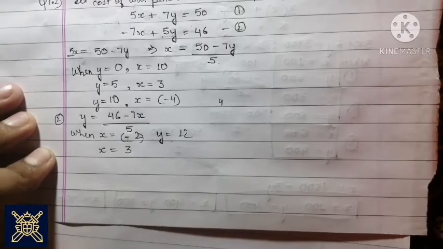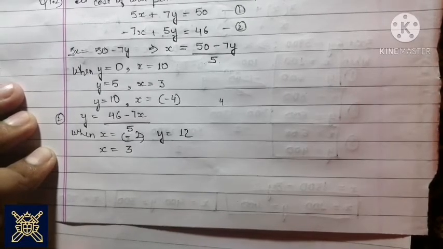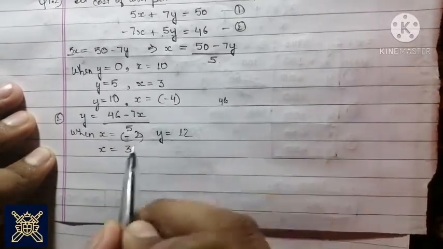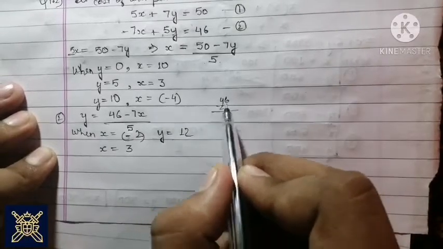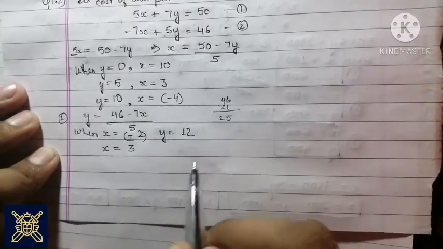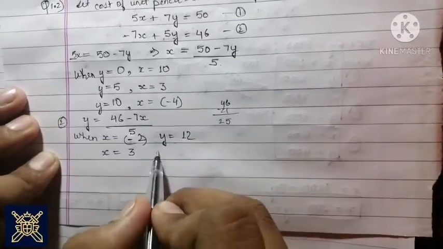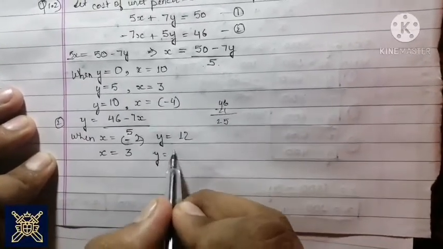Your main aim should be this. Otherwise you get a rational number and then it is a bit difficult to point it on the graph. So 25 by 5, and as you know, the answer is 5. So when x is equal to 3, y is equal to 5.